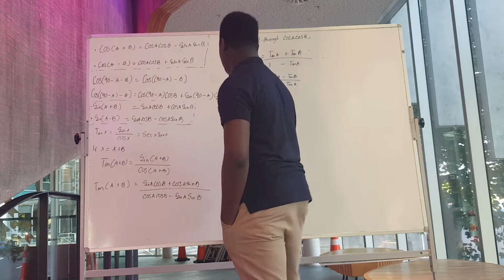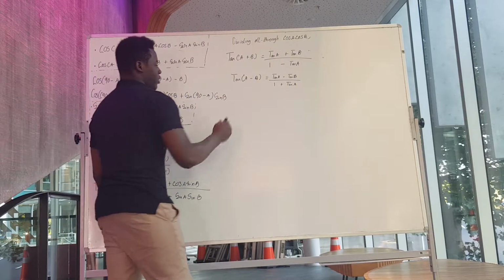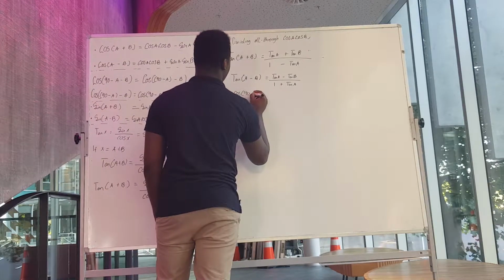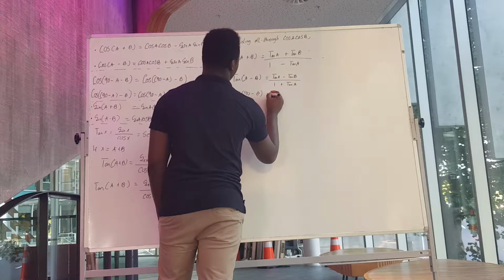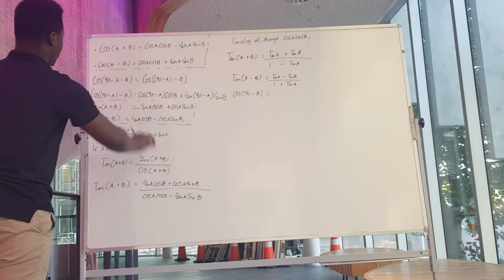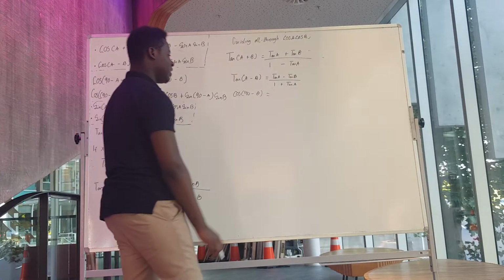Okay, so I made a statement before, which I used to prove this: cosine(90 - theta). If we use this formula, you see that the first angle A is 90.